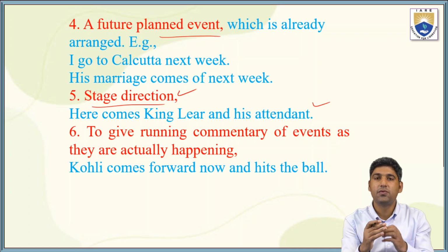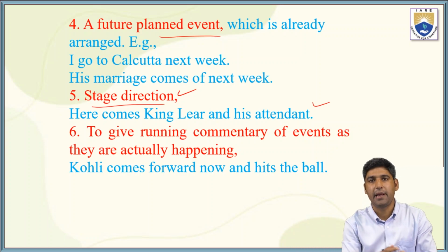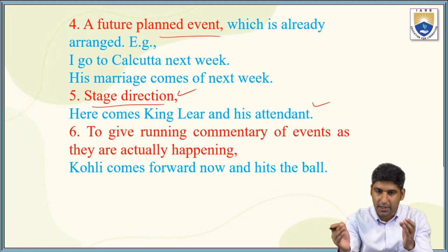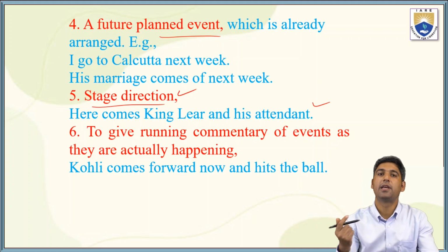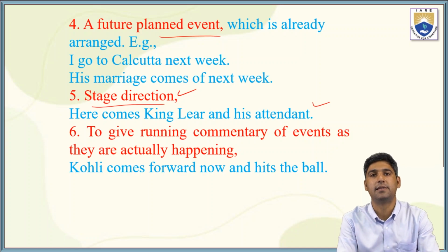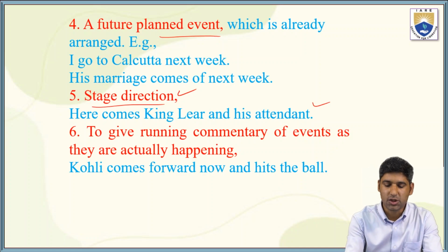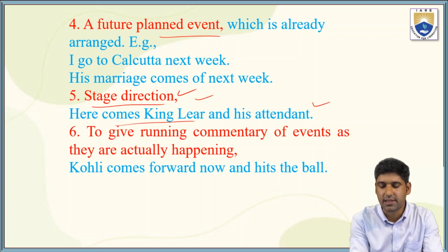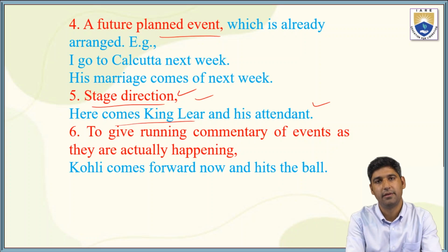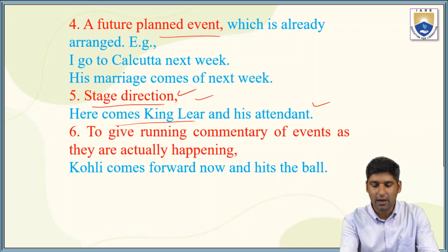The logic says we should say, here King Lear is coming, because right now the person is coming. But we can show that in present indefinite tense, because stage directions we show with the present indefinite tense. So that's why we write, here comes King Lear and his attendant. Here comes Julius Caesar.